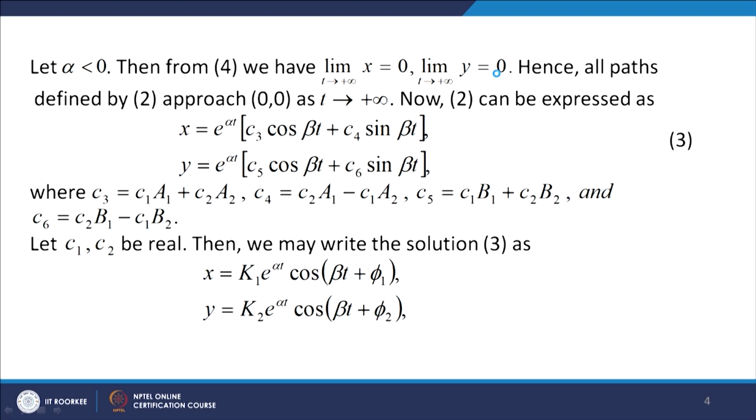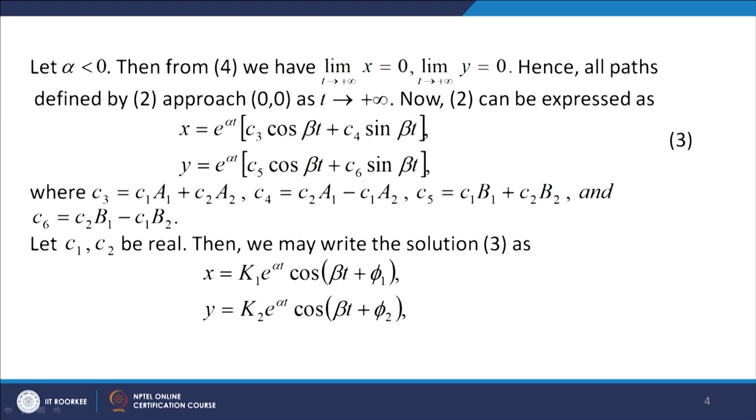When you collect the coefficients, it turns out that c3 is c1 a1 plus c2 a2, c4 is c2 a1 minus c1 a2, c5 is c1 b1 plus c2 b2, and c6 turns out to be c2 b1 minus c1 b2.